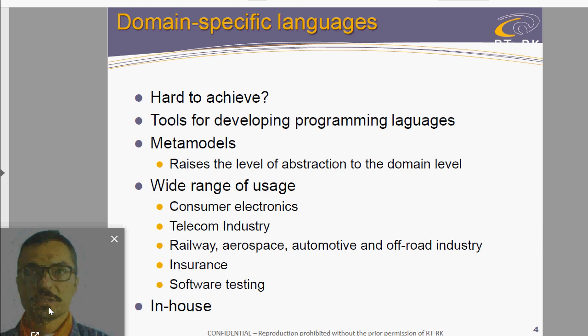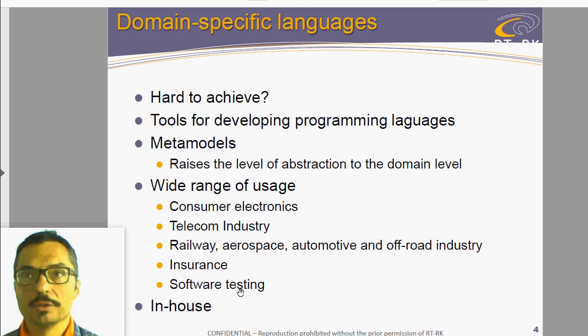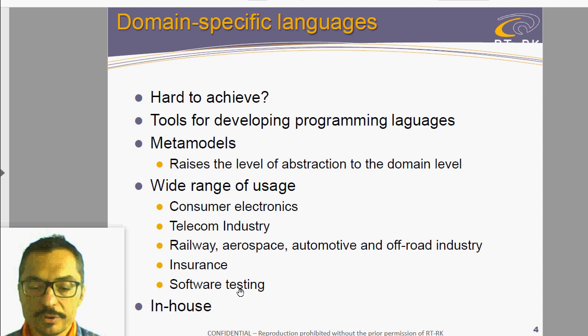Domain-specific languages. The first question is: is it hard to achieve? No, the answer is no. There are two main reasons why the creation of a domain-specific language is not so hard to achieve. One is that there are lots of tools for developing programming languages.